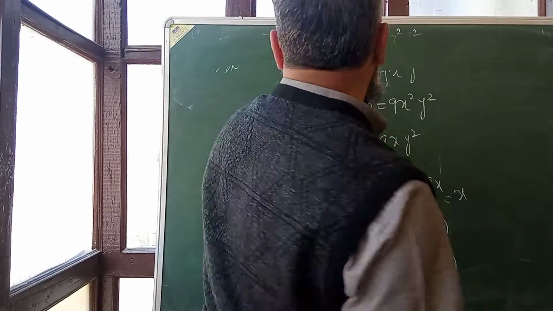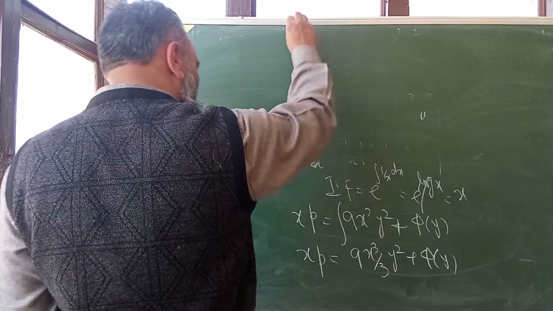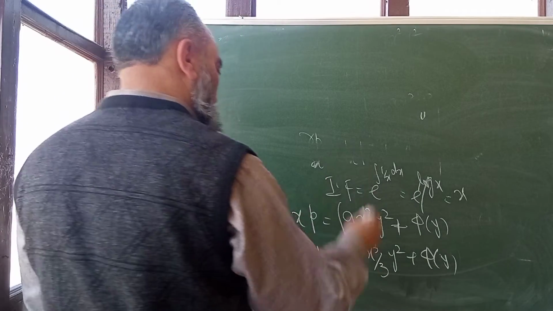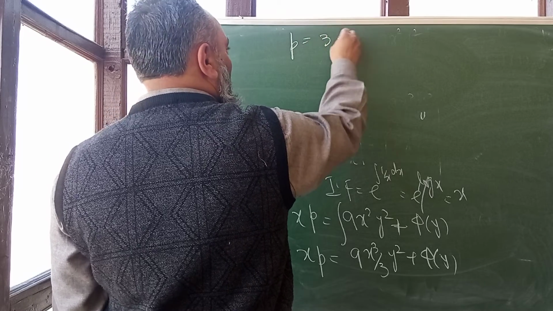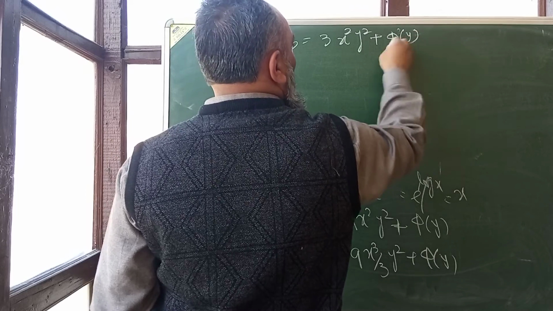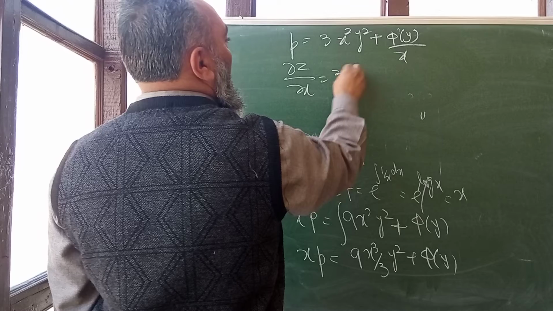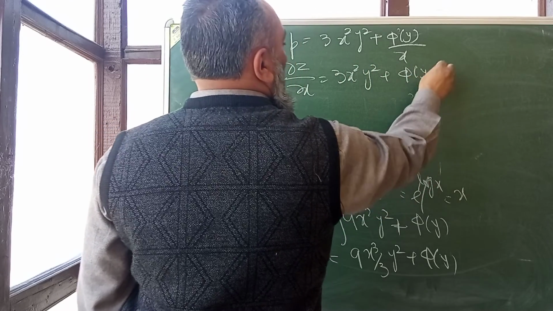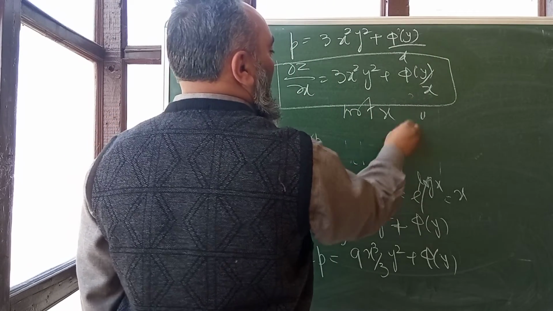Or you have x p equal to 3x cube y square plus a function of y, so p equals 3x square y square plus a function of y by x. What is your p? Del z by del x. Now integrate it once with respect to x, and you will get the solution.